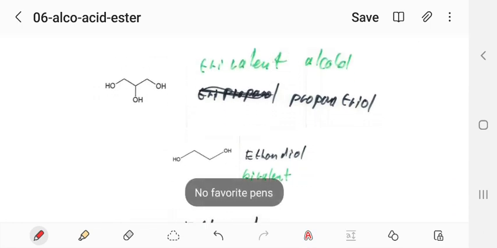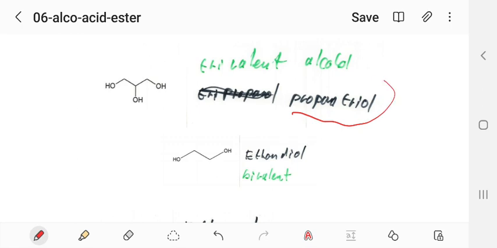Here in this case, like we discussed, each carbon can have a maximum of 1 hydroxy group. We have 3 carbons, each of them has 1 hydroxy group, and therefore it's a trivalent alcohol. So the name is propanetriol. Normally it should be propanol if it's only 1 hydroxy group at the end, for example, but if it has 3 hydroxy groups, then it becomes propanetriol, and it's a trivalent alcohol.